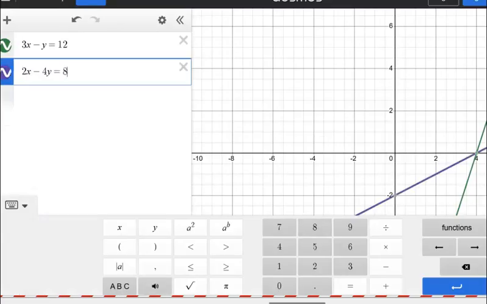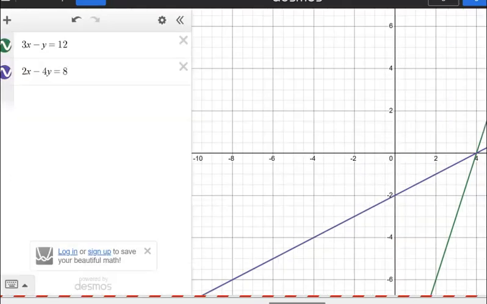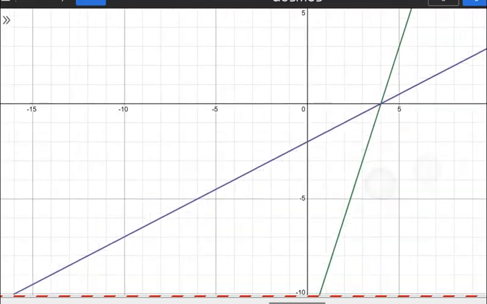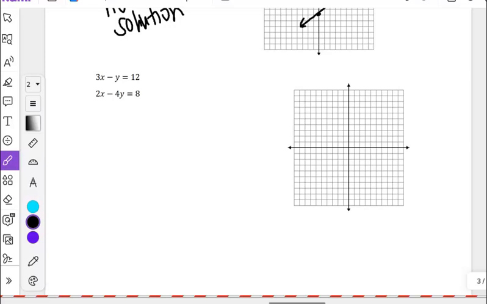All right, so now let's graph. The first one is in green. I'm just going to scroll this down a little bit to see where it crosses. So it's going to cross at (4, 0) and about negative 12. I don't think this will go down to 12. It goes to 10.